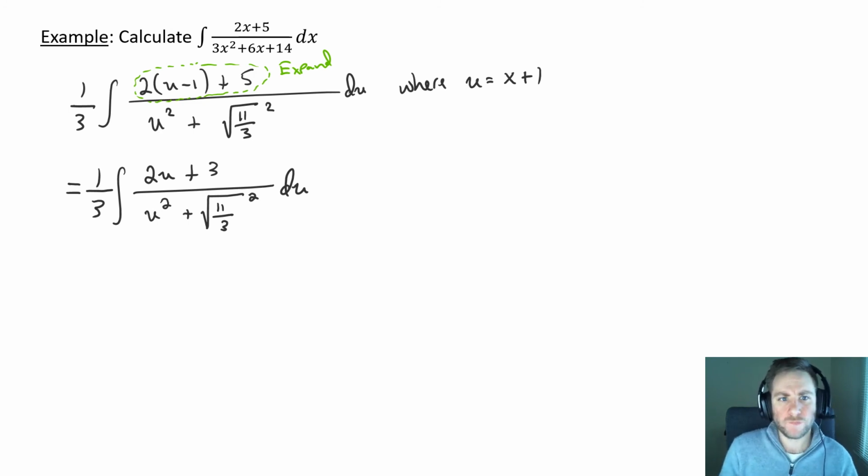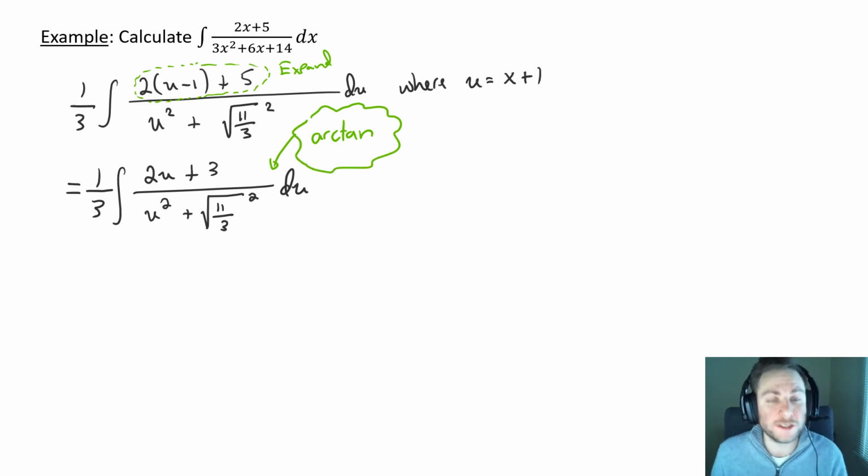Why? So that we can make use of inverse trig formulas. In particular, arctan seems to be the relevant one in this case. So that's why we completed the square, that's why we did a substitution. It was all to get the sum of squares in the denominator. So let's start thinking about how we can use arctan at this stage.